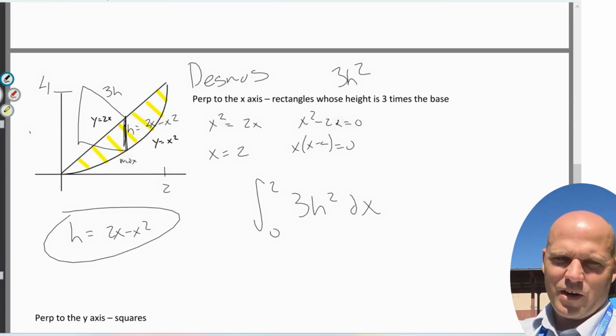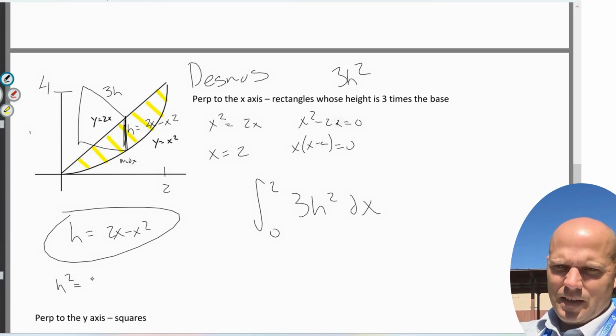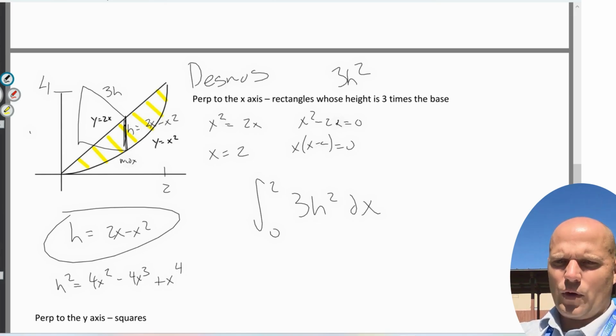And if I wanted to do this without a calculator, it'd be tough. h squared would be 4x squared minus 4x cubed plus x to the fourth.